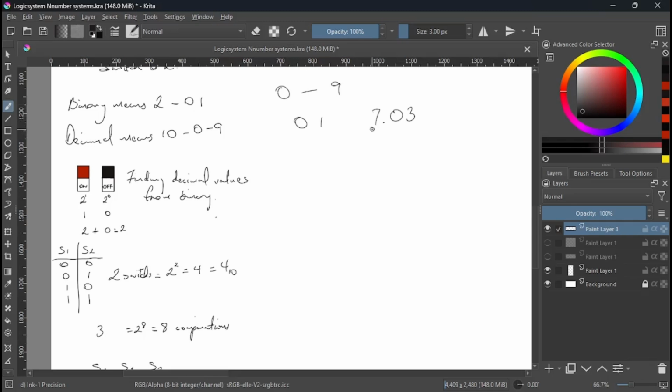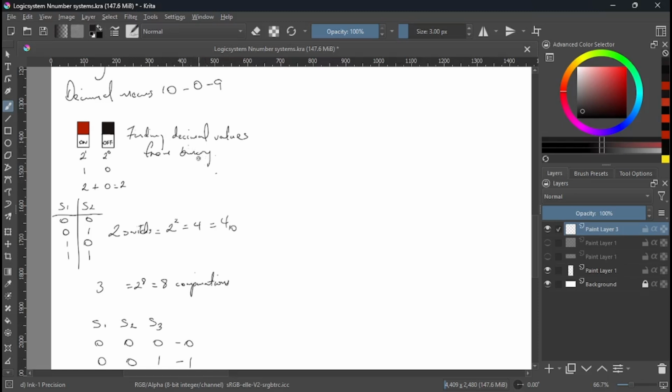So don't confuse it with the decimal point. It just means we're using a 10-digit numbering system, and for binary, it just means we're using 2. Okay, so moving on.